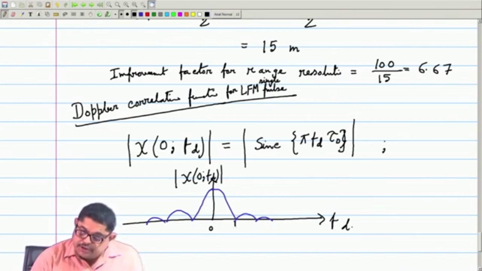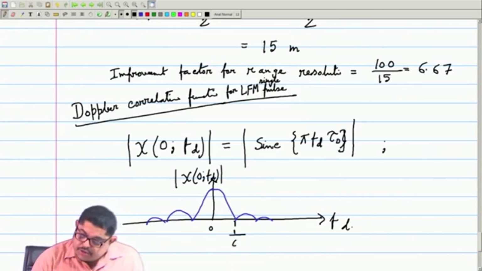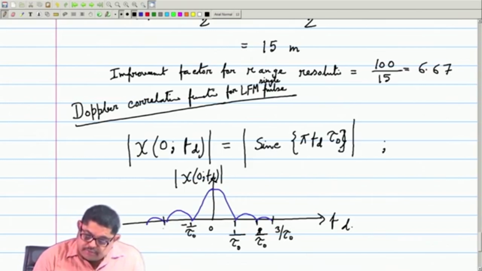So, this point is 1 by tau naught, this point will be 2 by tau naught, 3 by tau naught, this is minus 1 by tau naught, minus 2 by tau naught, etc.